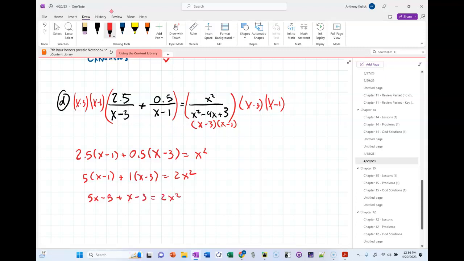So go ahead and distribute everything through and then move it all onto one side. And what do you notice here after I got it all on one side? Well, look at the coefficients even. Yeah, I can divide that all by 2. That makes life a little bit nicer, even if I'm going to use the quadratic formula, which I guess I have to, looking at the coefficients involved.